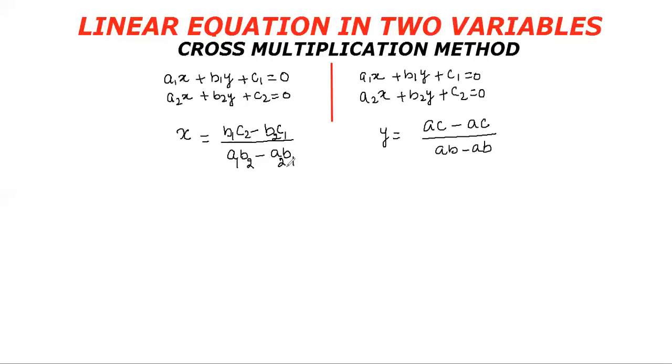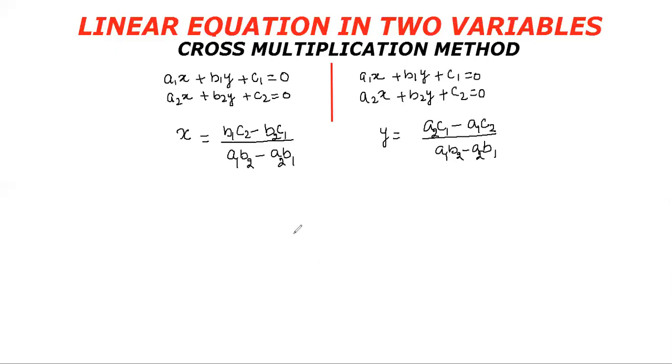Denominator of both is the same, so here also you will get 1, 2, 2, 1. But in the numerator of y, you have to start with the reverse counting first: 2, 1, 1, 2. So this is the formula that will help you get the value of x and y by substituting the values of the coefficients given here.